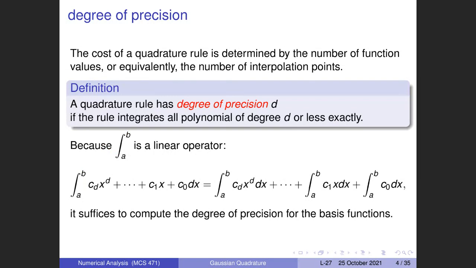And here, what are the nice instances? These are the polynomials. We know how to integrate them algebraically, and polynomials have very nice antiderivatives. If our rule integrates all polynomials up to a degree, then we say that this rule has this degree of precision.